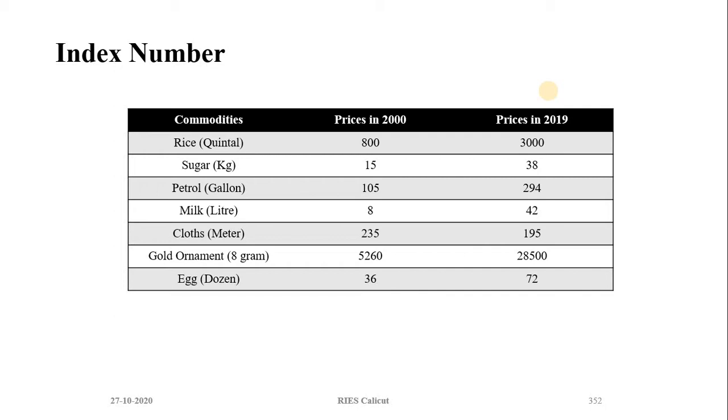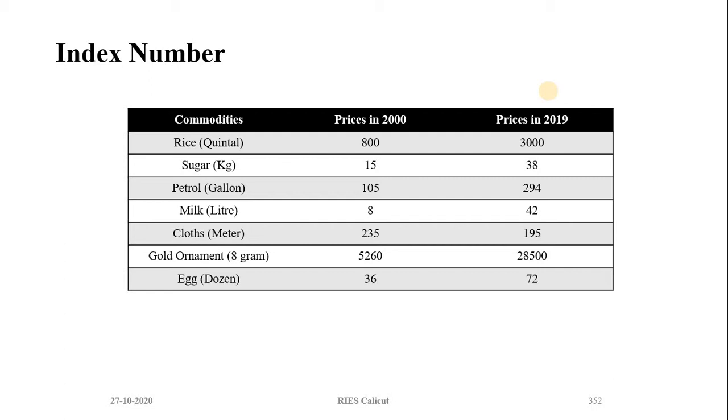This table gives us certain commodities and their prices in two different periods. The commodities are rice, sugar, petrol, milk, clothes, gold, and egg, and their prices have been quoted in two different periods, 2000 and 2019.